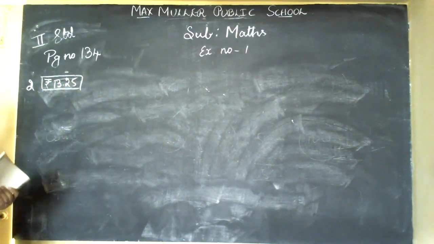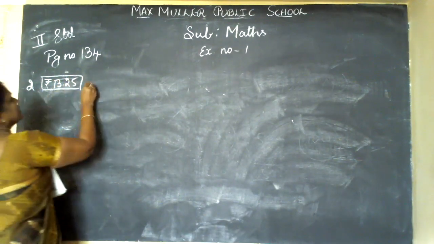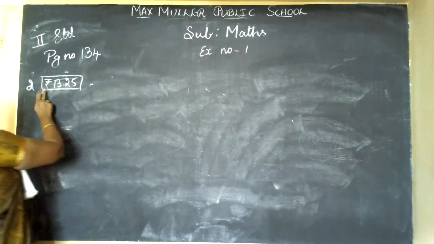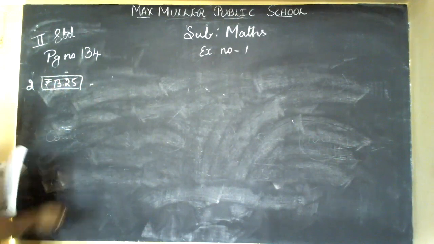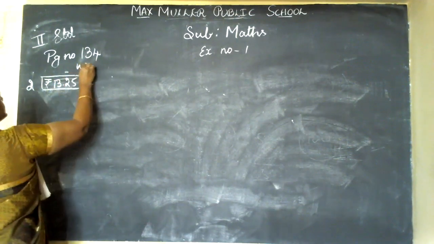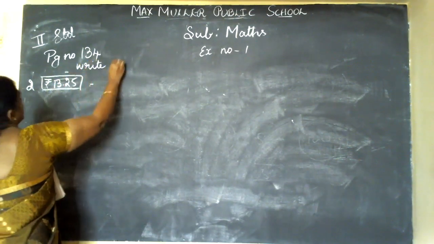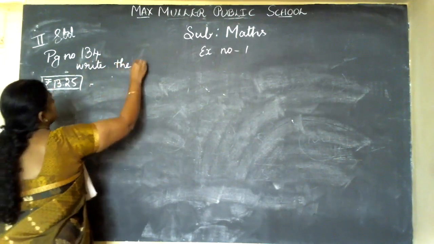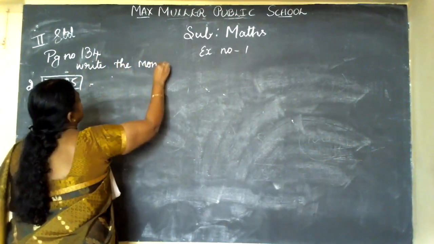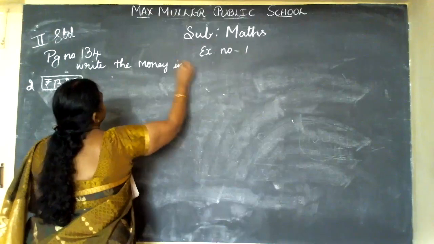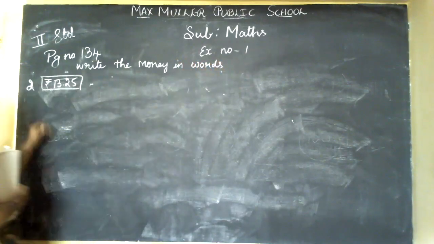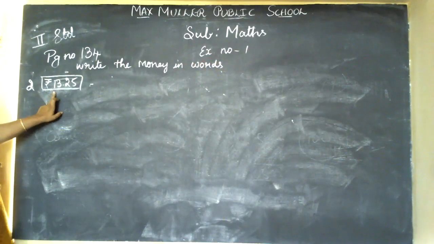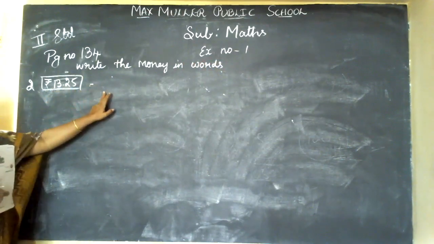So you want to write first 13. See, already the sign is there, children. You want to write in the words. Write the money in words. Heading also, write the money in words. Already they have given the number. You want to write in the words.